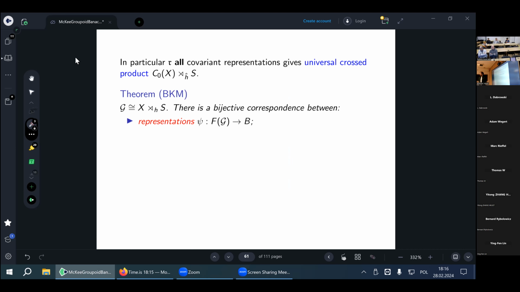So here's the theorem that I've been hinting at. There's a bijective correspondence between representations of our groupoid Banach algebra in a Banach algebra B and normalized covariant representations of the inverse semigroup action in the Banach algebra B. So I want to interpret this as saying that this Banach algebra knows about the inverse semigroup action that underlies the groupoid, because the representations are the same thing as covariant representations.